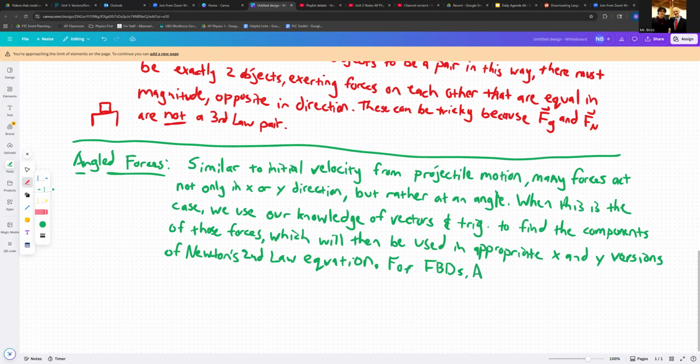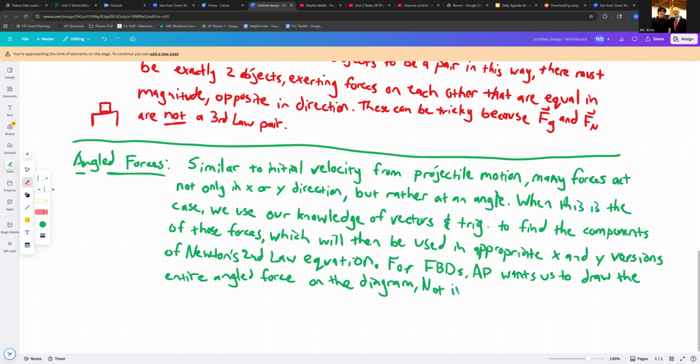AP wants us to draw the entire angled force on the diagram, not its components. We do not want to draw force components on a free body diagram.